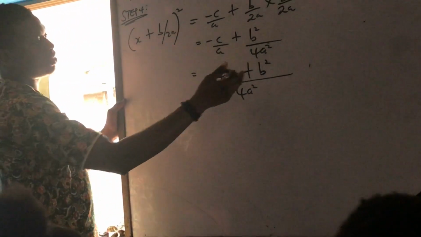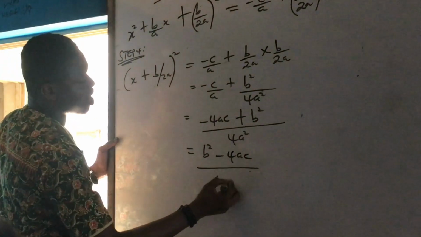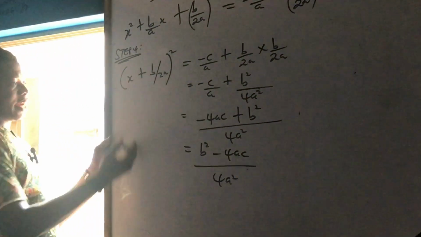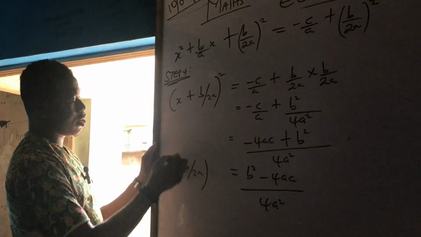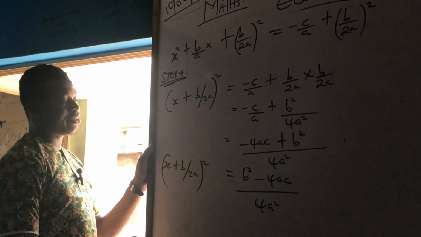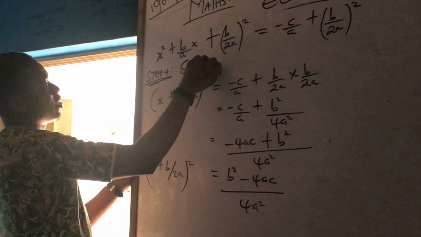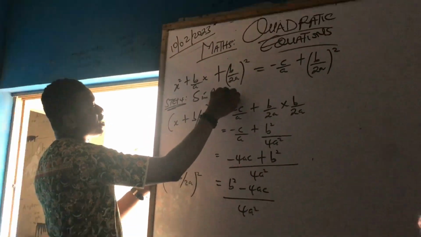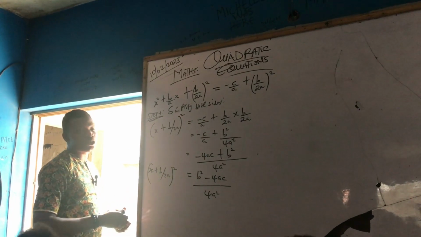Just a rearrangement. This will be b squared minus 4ac over 4a squared. Then bring down your left hand side, x plus b/2a all squared. We are done with step 4. We simplified both sides. That's what happened at step 4.